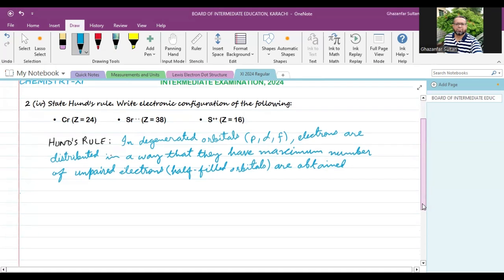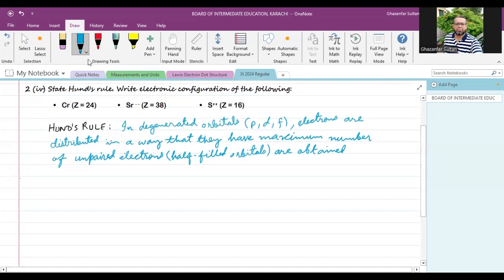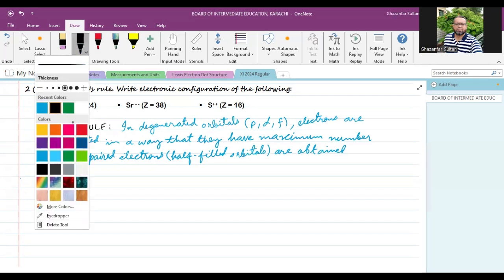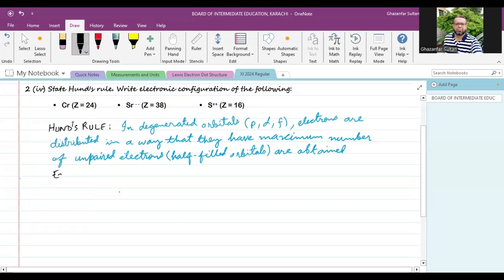So we can give an example of that as well. It is better to give an example if there is space in your answer script. So nitrogen has atomic number 7.